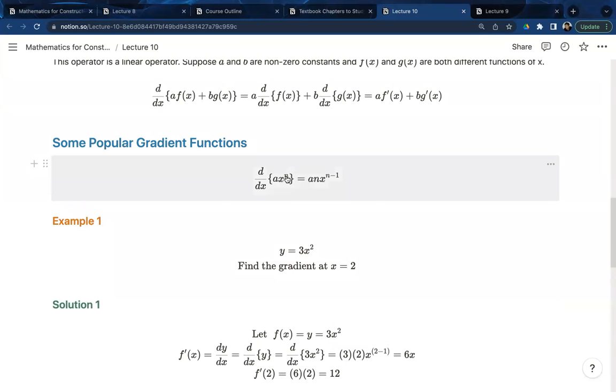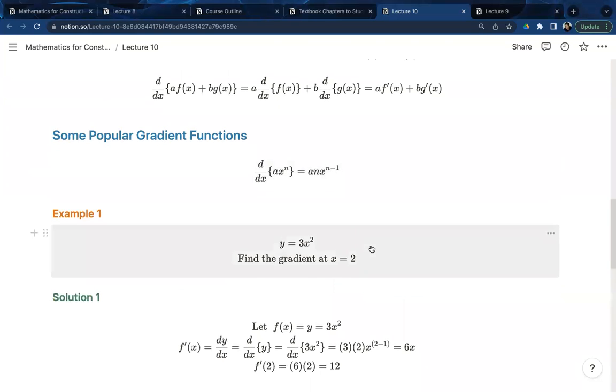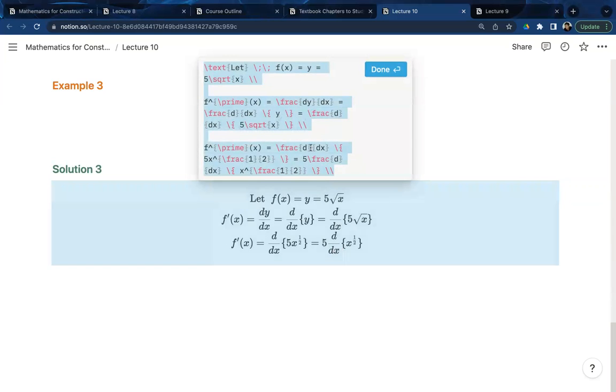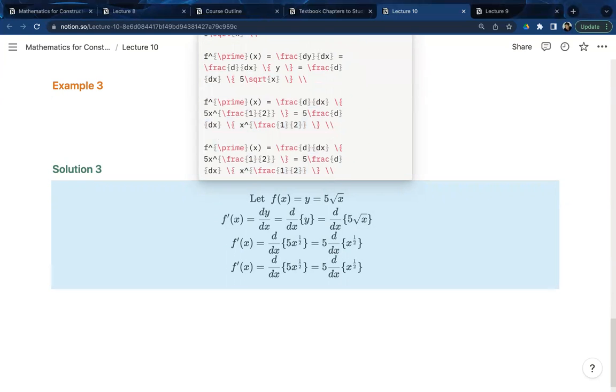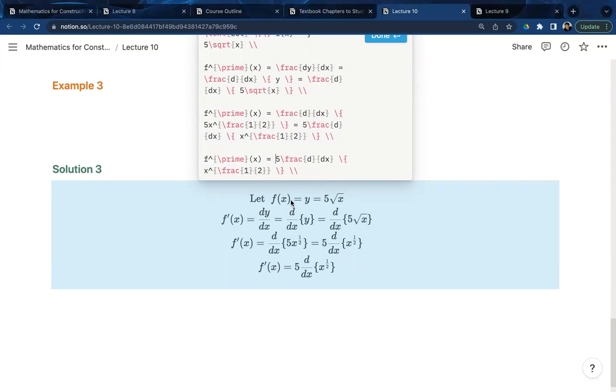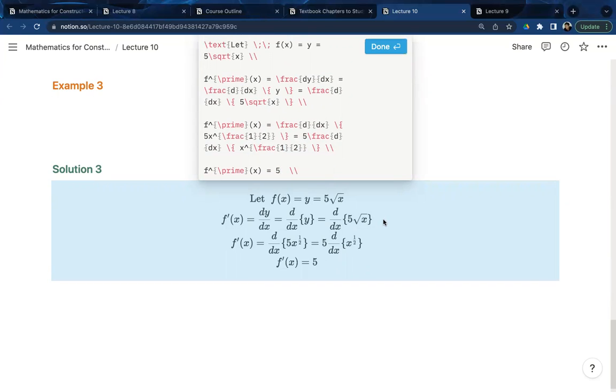The rule says wherever the power is n, multiply everything by the power and then decrement the power by 1. So okay, let me write this here. I will say 5 times d/dx of x to the half, all this getting replaced by, they say multiply by the power, which is a half.